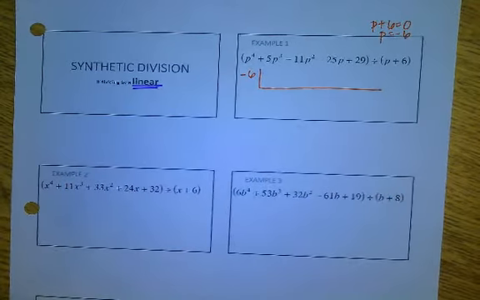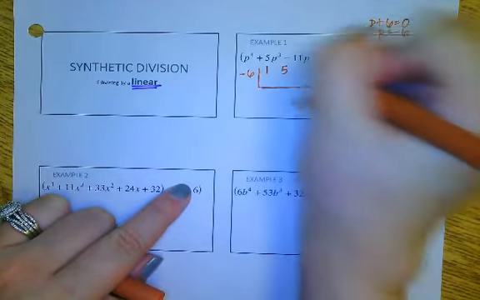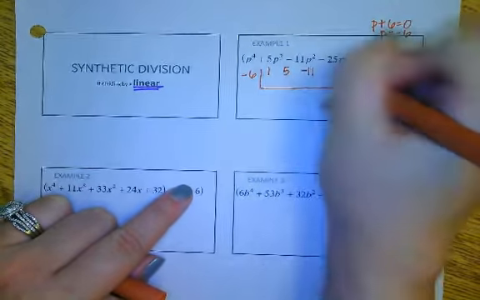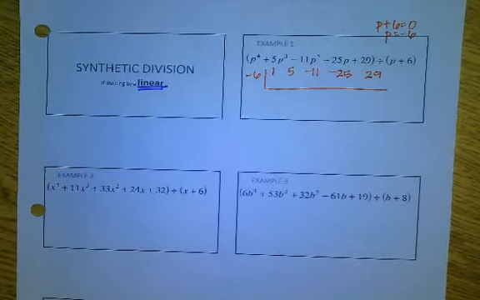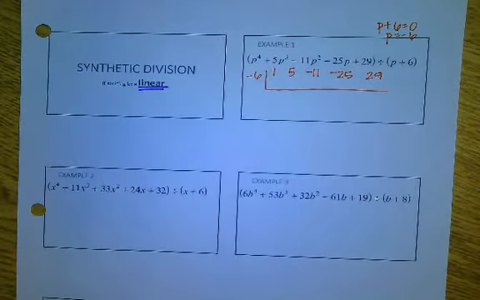So my 1p to the 4th, I'm just writing 1. 5p cubed, 5, minus 11p squared, minus 25p, plus 29. So I'm taking the signs of each of my coefficients and the number, and I'm writing it on the top row of my synthetic division little chart. Is everybody following so far?